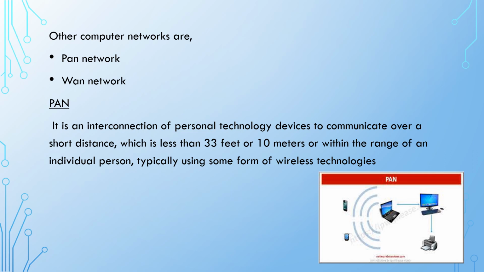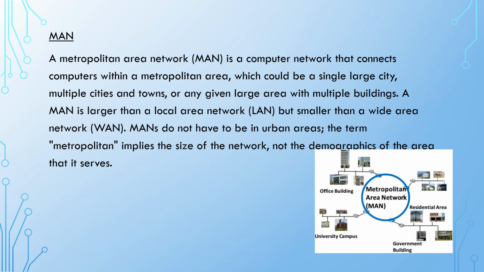It is an interconnection of personal technology devices to communicate over a short distance, which is less than 33 feet or 10 meters, or within the range of an individual person, typically using some form of wireless technologies. Next, MAN network. A metropolitan area network is a computer network that connects computers within a metropolitan area, which could be a single large city, multiple cities and towns, or a given large area with multiple buildings.